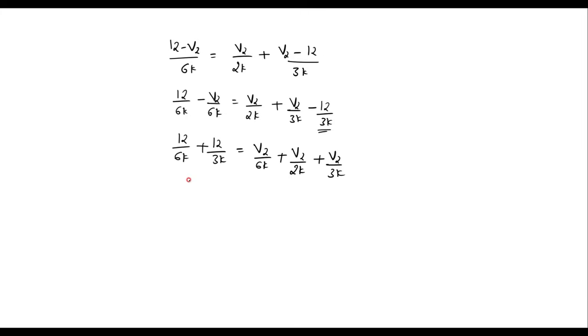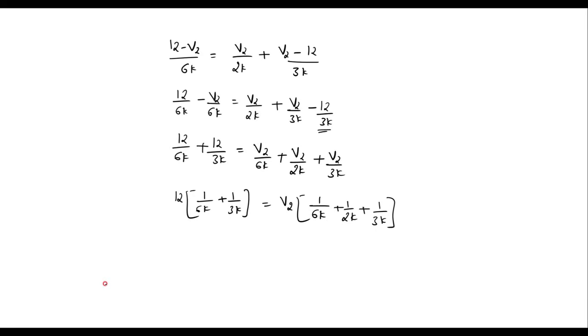Further I'll simplify this. I can represent it as 12 in bracket 1 over 6K plus 1 over 3K. On the other side I can represent it as V2 common, 1 over 6K plus 1 over 2K plus 1 over 3K.